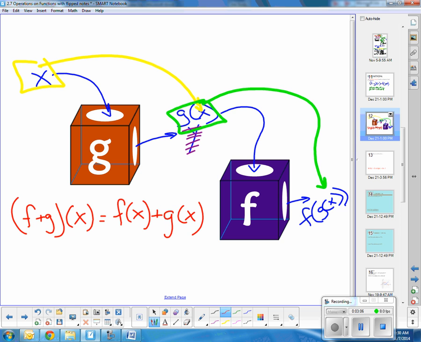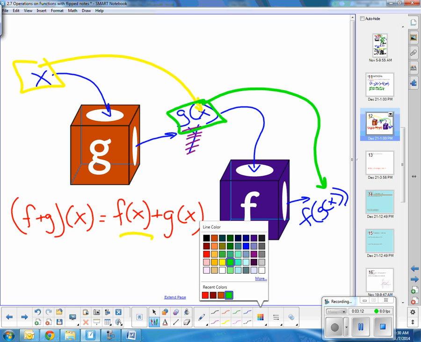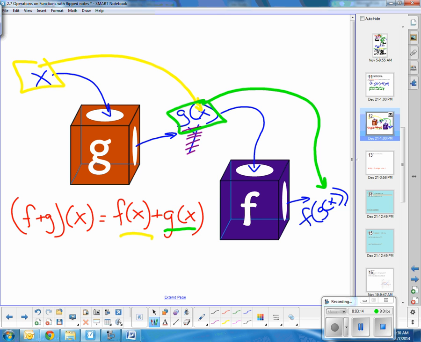What I'd like to point out here is that we're finding f of x and g of x separately and then adding them together. In this particular case with composition, we're not finding the pieces separately. It's like a chain of events. We're finding one and then using that result to complete the second piece. So that's kind of an overview of what composition is.